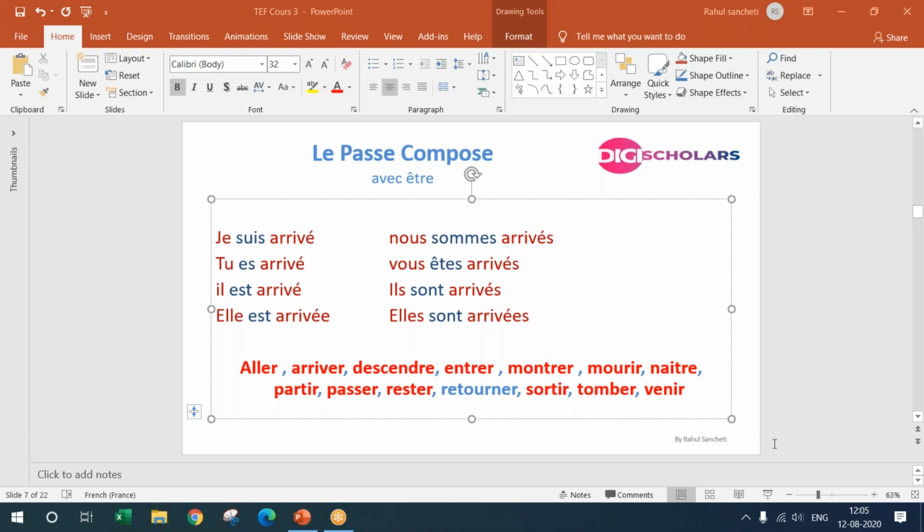Aller is to go, arriver is to arrive, descendre is to get down, monter is to climb, entrer is to enter, sortir is to exit, venir is to come, partir is to leave, mourir is to die, naître is to be born, passer is to pass, rester is to rest. So did you find any similarities? Anyone?